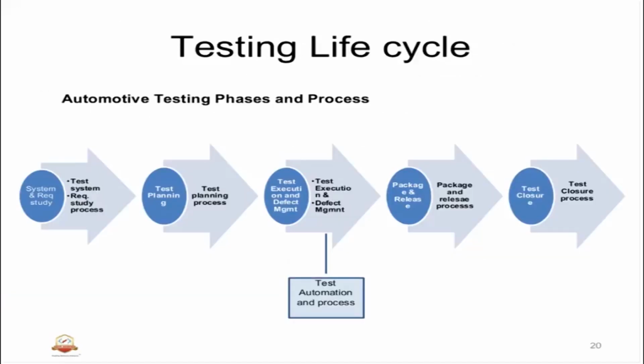Okay. So we'll take an example of one testing life cycle. We'll touch base on the elements that automotive testing phases and processes take to complete the testing life cycle.